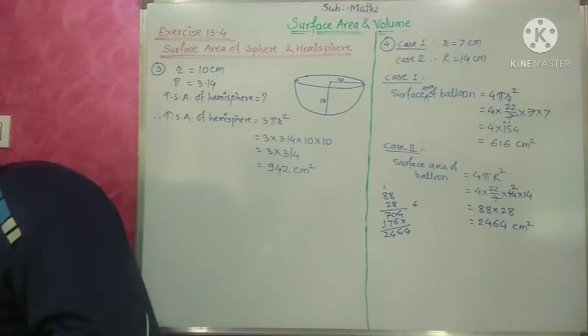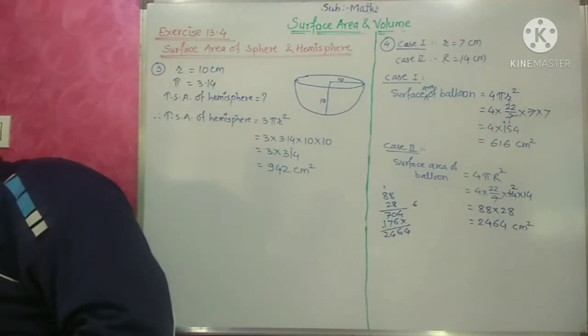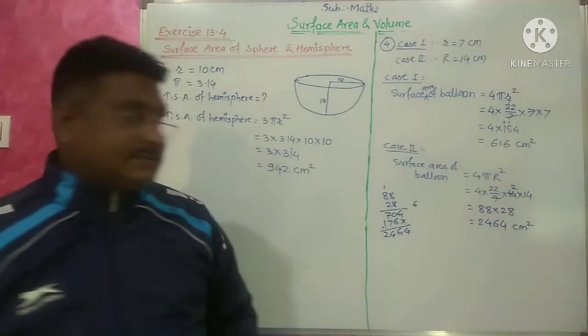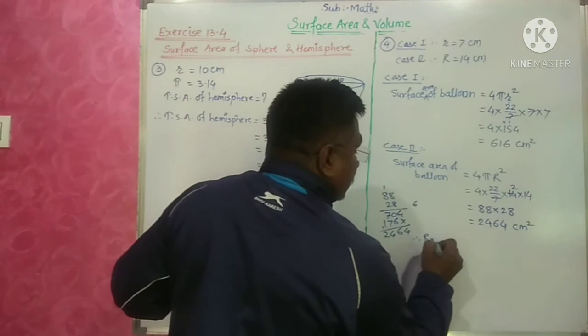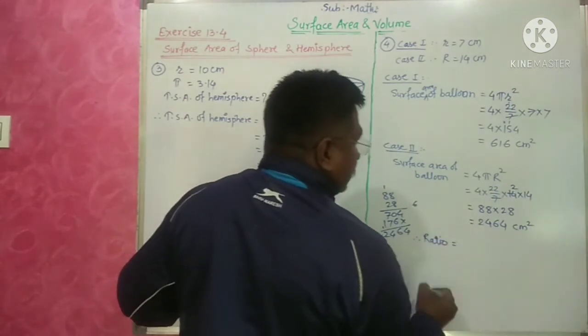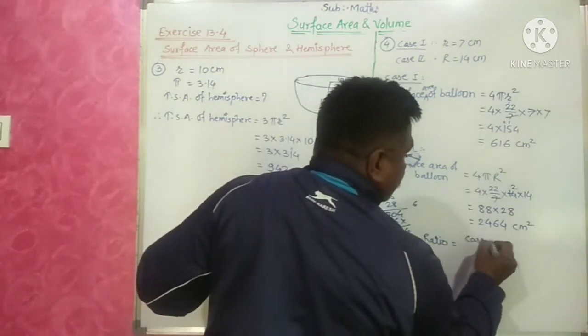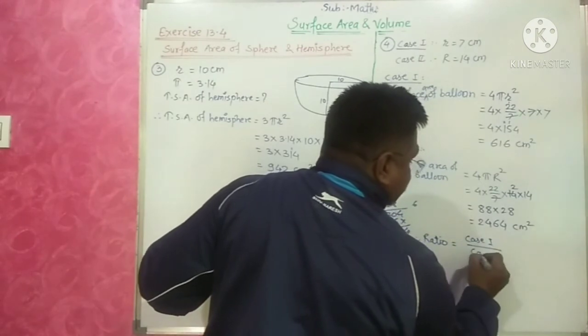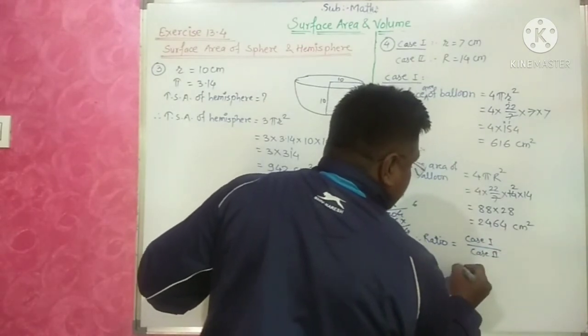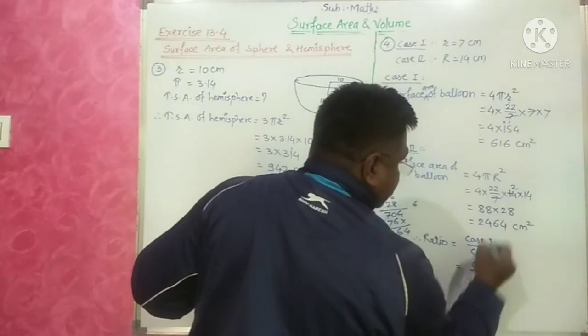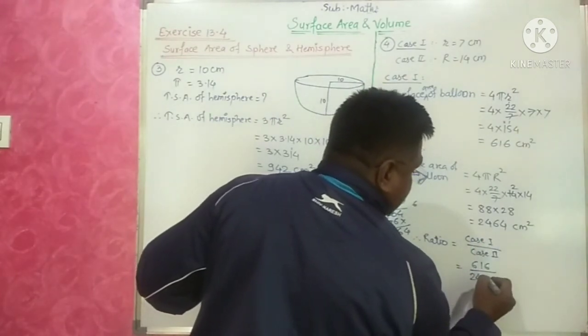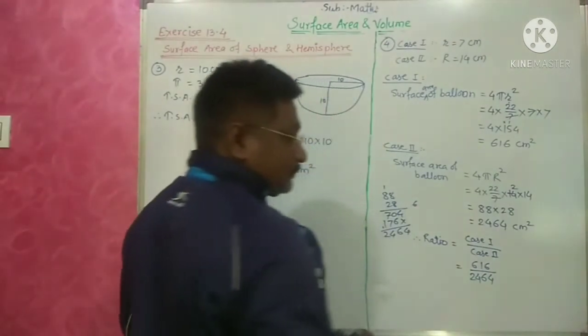Then what does the question ask? Find the ratio of surface area of the balloon in two cases. Therefore ratio equals case 1 by case 2. So what is case 1? 616. And 2464.